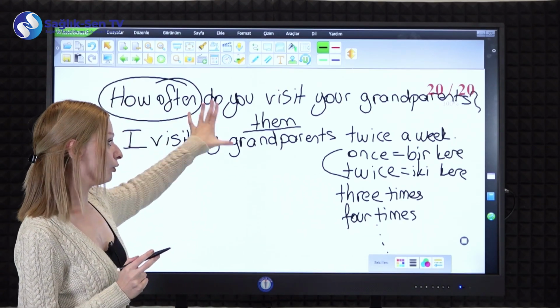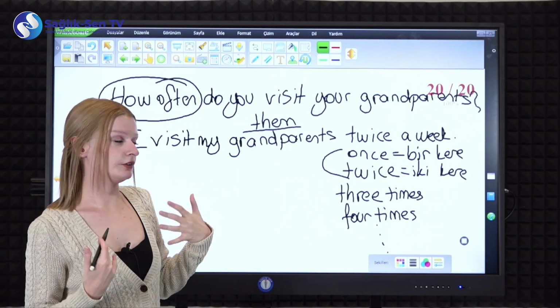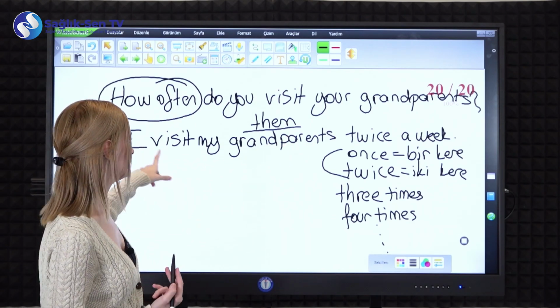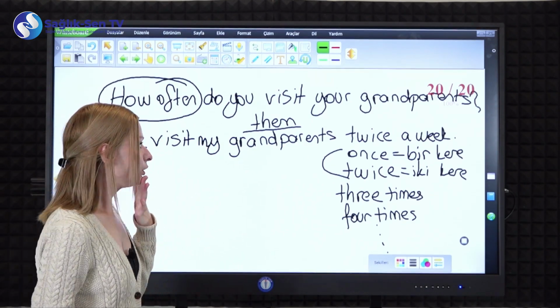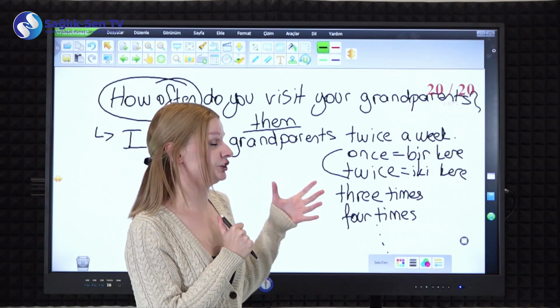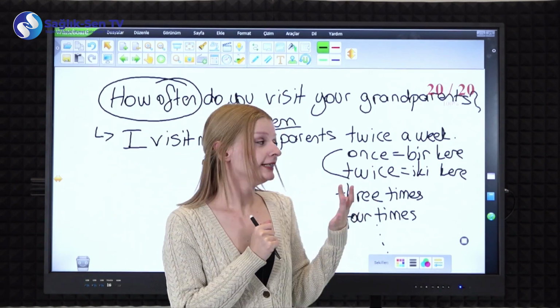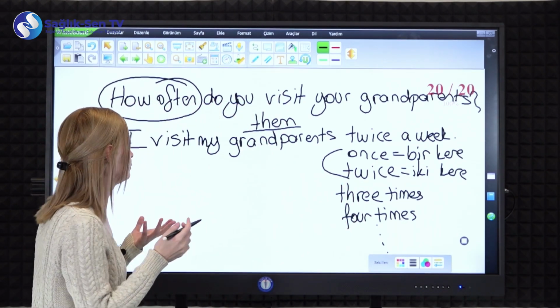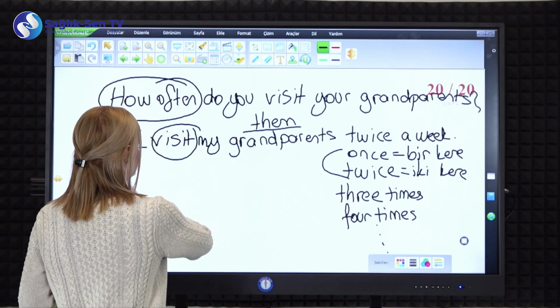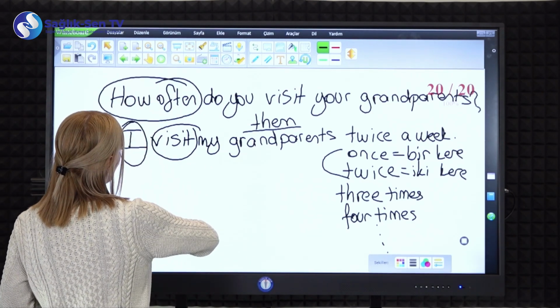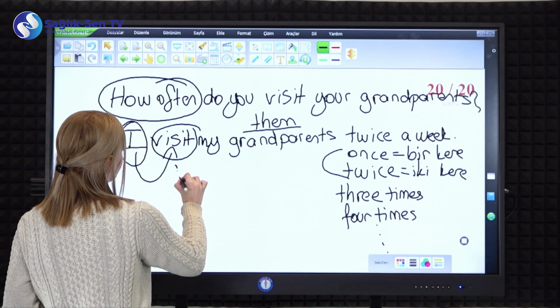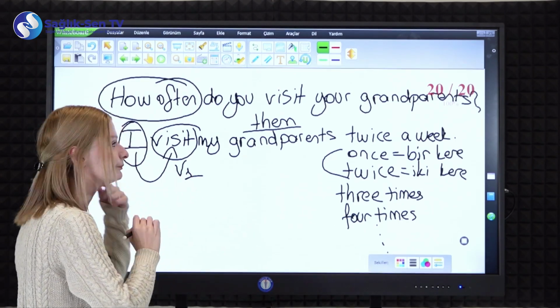Ben onları ya da büyükanne ve büyükbabamı haftada 2 kez ziyaret ederim. Now we're talking about an action that happens regularly. That's why I use present simple. Since my subject is I, this is verb 1.